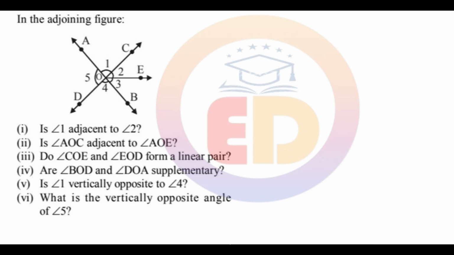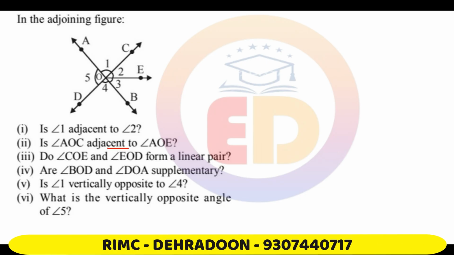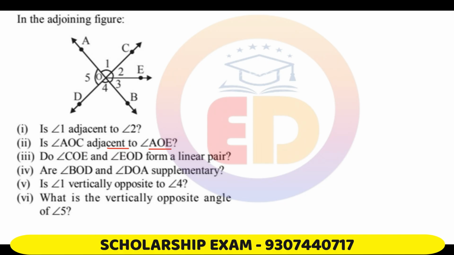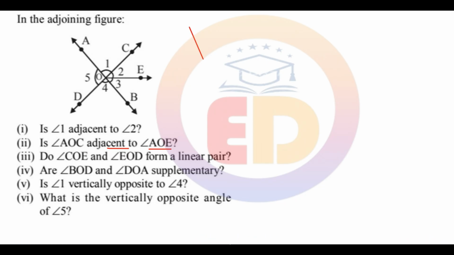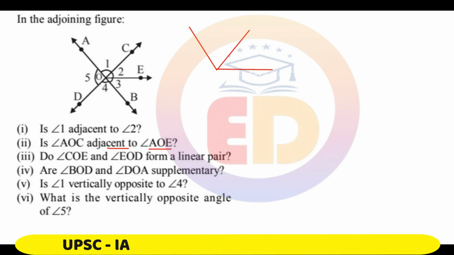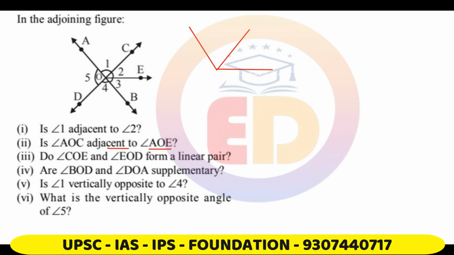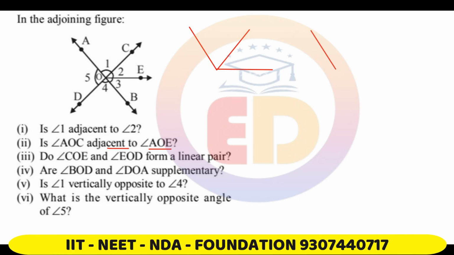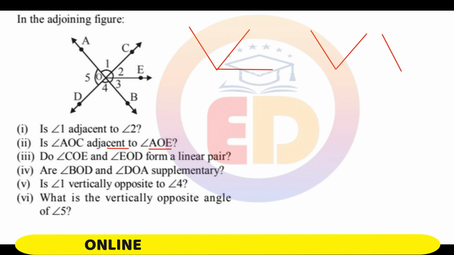Second question, is angle AOC adjacent to angle AOE? To understand it better, let's draw it separately. Angle AOC and angle AOE, and for further clarity, let's draw them completely individually also.